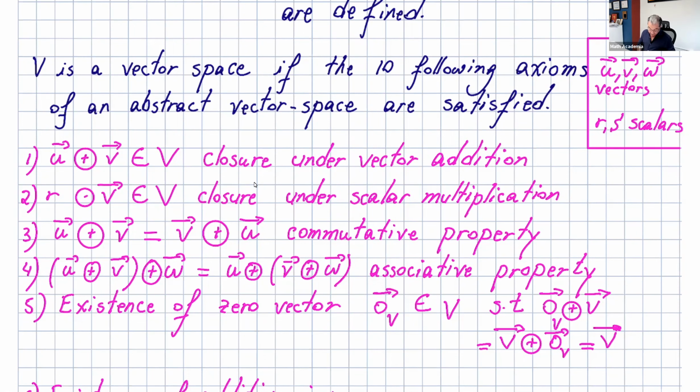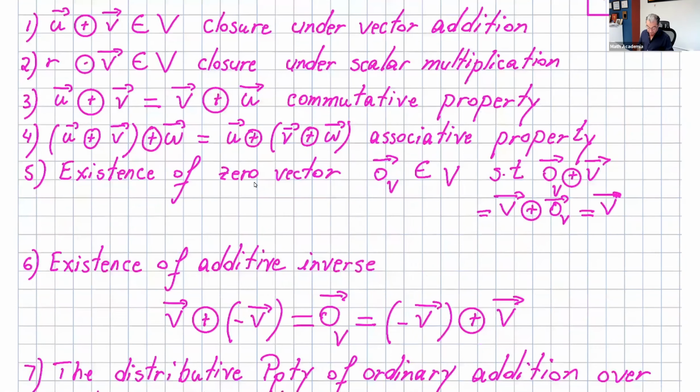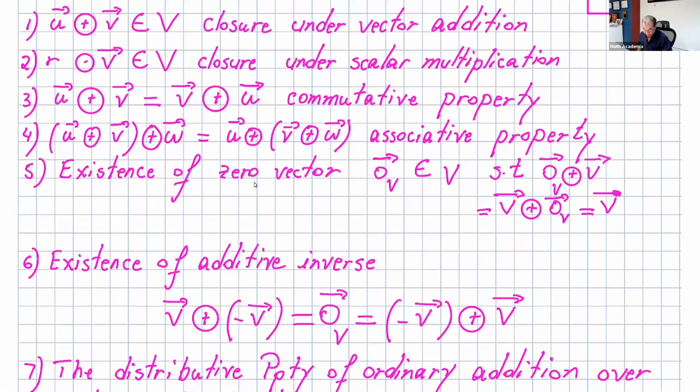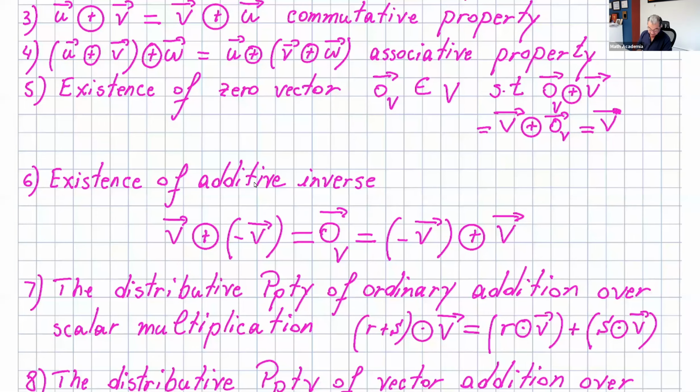That's the zero vector, or the additive identity. And of course, the existence of additive inverse: V plus negative V gives you the zero vector, or negative V plus V also gives you the zero vector.